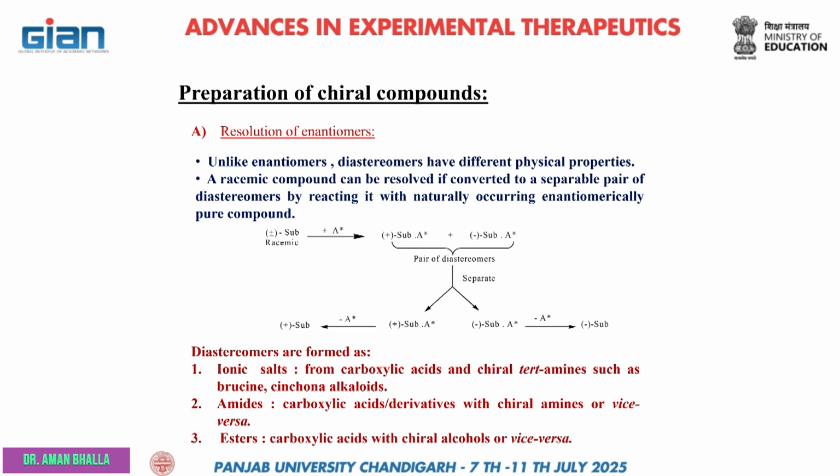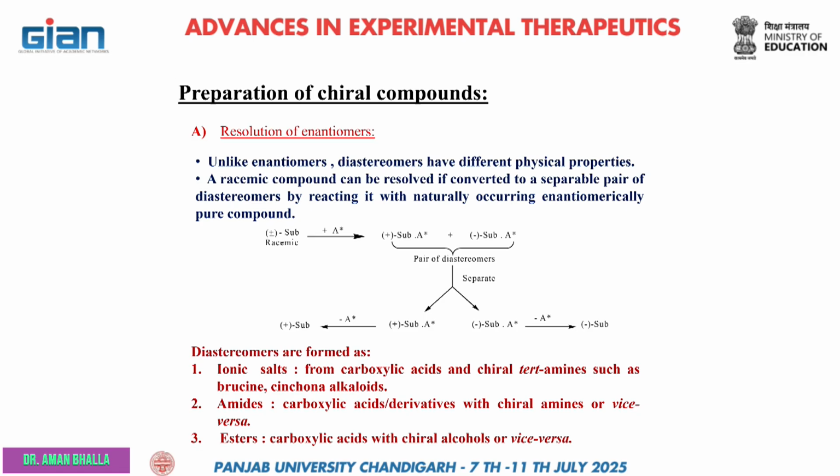If you treat acid with amine, what is the final product? Amides. And if you want to get back that product, what do you have to do? The hydrolysis of ester, hydrolysis of amide. So that means your complementary nature should be there. If you have an ionic salt, amides, ester, in such cases they can be resolved back to the starting substrate.